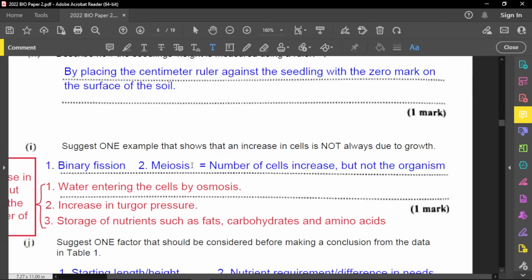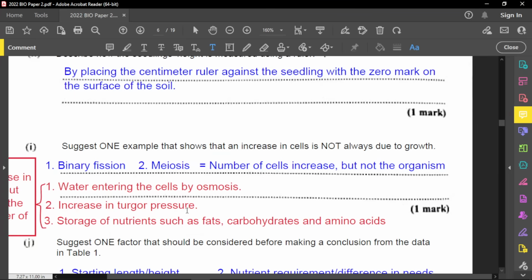Okay, and that means you have more cells in the body, but that's not growth. Binary fission, for example, in bacteria, the cells will divide and produce new cells, which means new organisms, but the original organism is not necessarily growing. All right, you still have one bacterium that actually will produce more bacteria. All right. The other one that I have here is water entering the cell by osmosis.